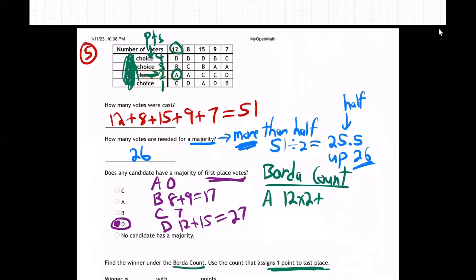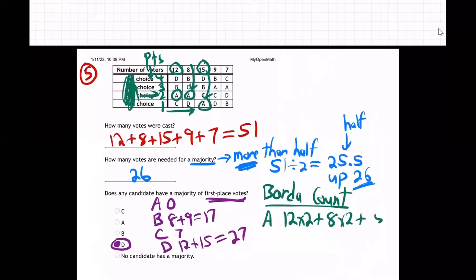And then what comes next? Here's A, 8 people gave 2 points. So 8 times 2, plus 15 people put A last. That's only 1 point. 15 times 1, plus 9. Here's A, and 9 times 3, plus 7 times 3.